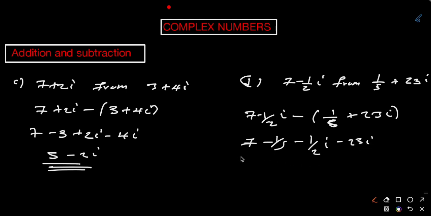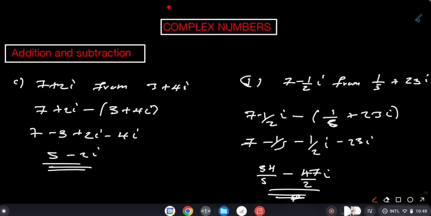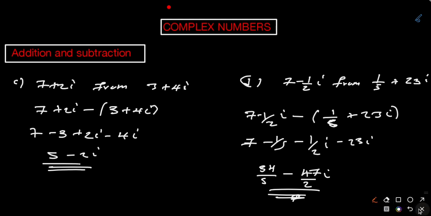So here we're going to get 5 multiplied by 7, that is 35, minus 1, that is 34 over 5. Then 2 multiplied by negative 23i, I'm going to get negative 46i, then minus 1, that is negative 47 divided by 2, then i. This is how you're supposed to express your answer. So I think that is just for addition and subtraction of complex numbers.